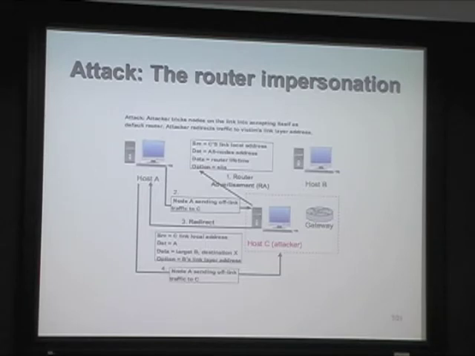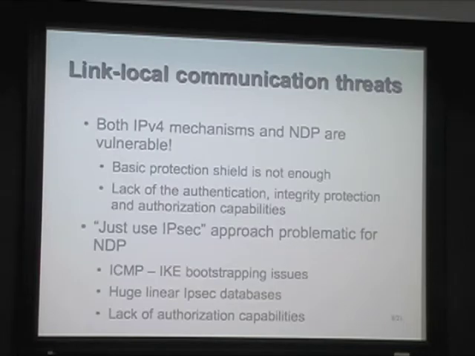And if we take a look at those attacks, there's actually not much brainstorming needed to come up with them, and which is even worse, there's not much effort needed to perform them. That's because neighbor discovery, and it's the same with IPv4 mechanisms, lack essential protection. There is no authentication, no integrity protection, and they don't provide any authorization capabilities.